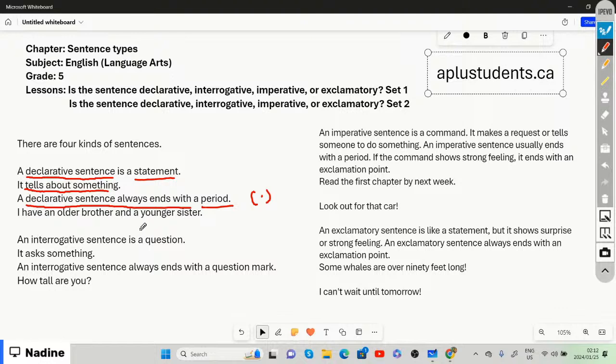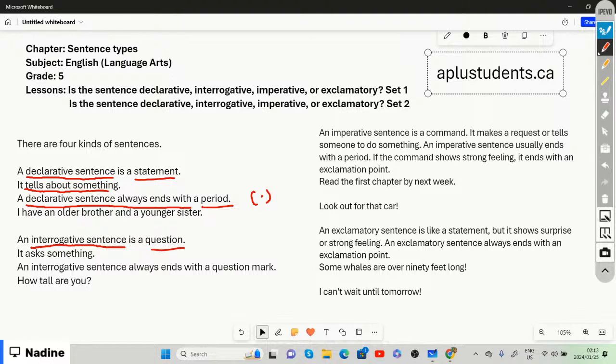And then we have an interrogative sentence. An interrogative sentence is a question. If you listen to the word interrogative, think of somebody interrogating you.